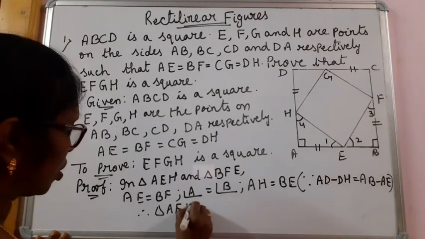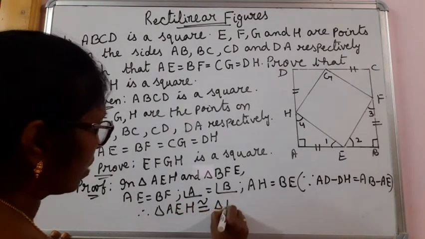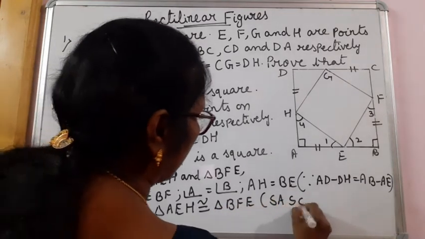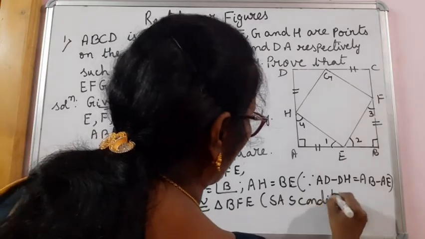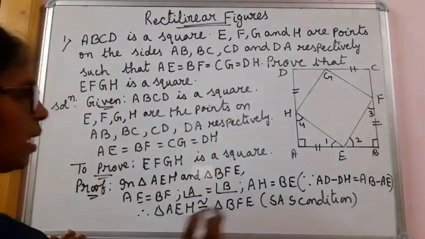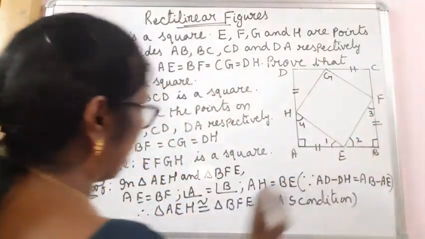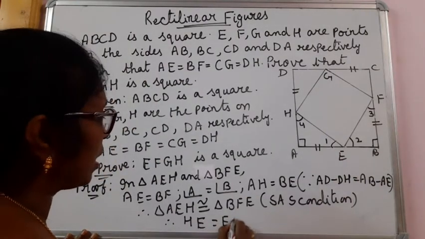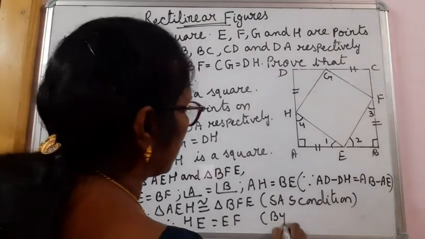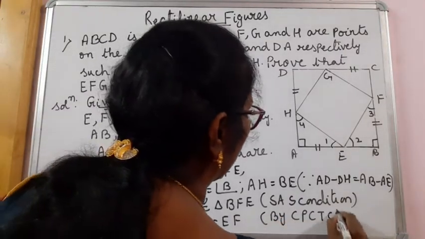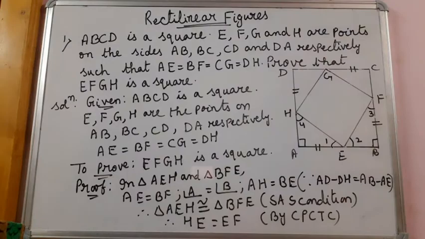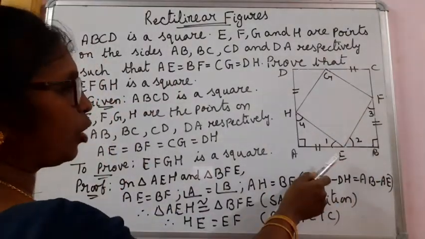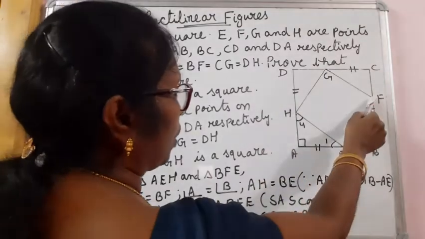triangle AEH is congruent to triangle BFE under the SAS condition. Once these two triangles are congruent, by CPCTC, HE is equal to EF. You see, when we make these two triangles congruent, we are able to show that HE equals EF.